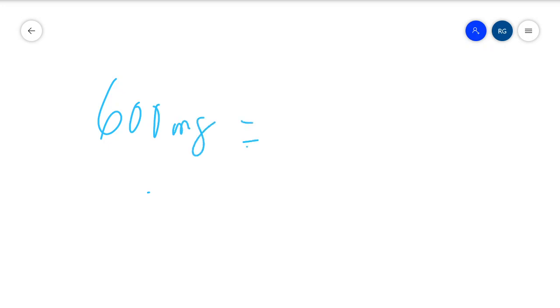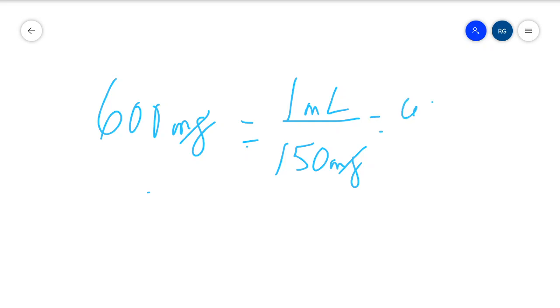And then we have what we have in the pharmacy. The concentration is 150 milligrams per mil. So dimensional analysis, we'll do the reciprocal of that. So we got 1 mil at the top and 150 milligrams on the bottom, so that these cancel out right here, and we get 600 divided by 150.